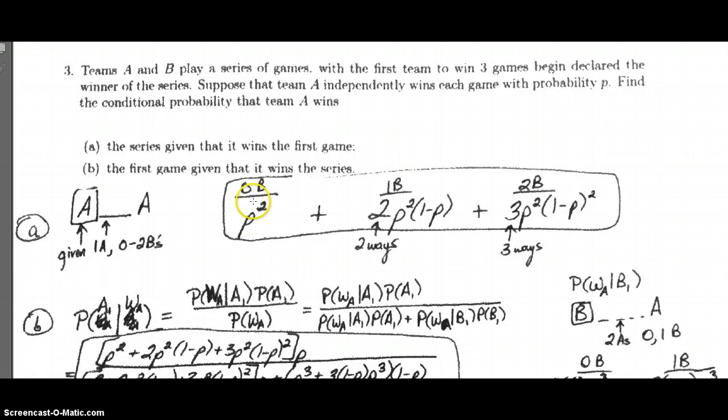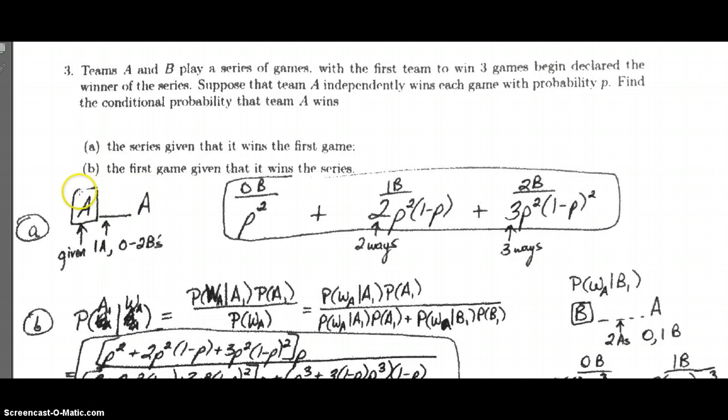So what's the chance that we have 0 B's in there? Well, in other words, we just have 1 A, and we don't have any B's. And I'm putting P squared. Why not P? Why do I not only care about this A? Well, this A hasn't happened yet, so I have to take into account the probability of this A happening, even though I know that I'm forcing it to be in the last position.